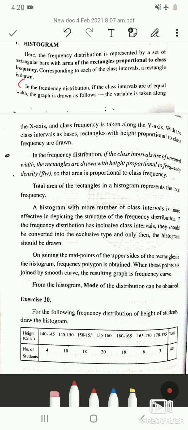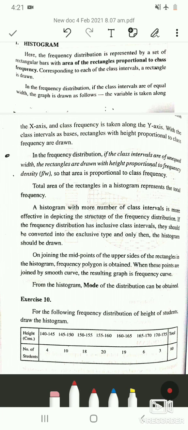So whenever the class intervals are of equal width, how to check the width? It is upper limit minus the lower limit. So if the class intervals are of equal width, then what we will be plotting? In the x-axis it will be the class intervals given, and along the y-axis the class frequencies will be taken.